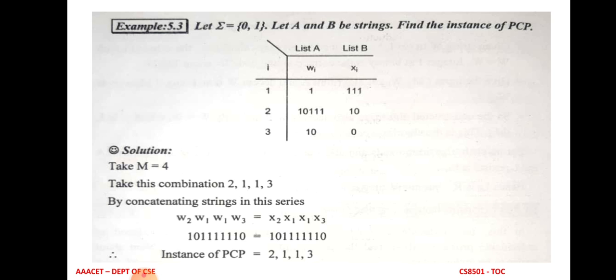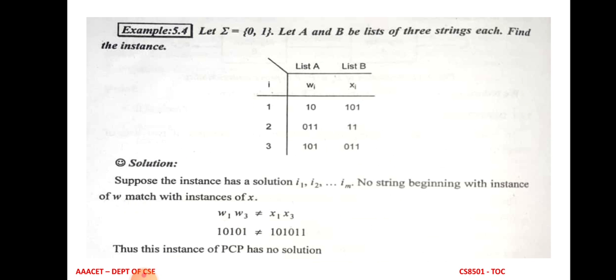For example, if the left hand side uses 2113, the right hand side can't use x2, x1, x3, x1. You can't change the order. On both sides the order should be 2113. This is PCP.